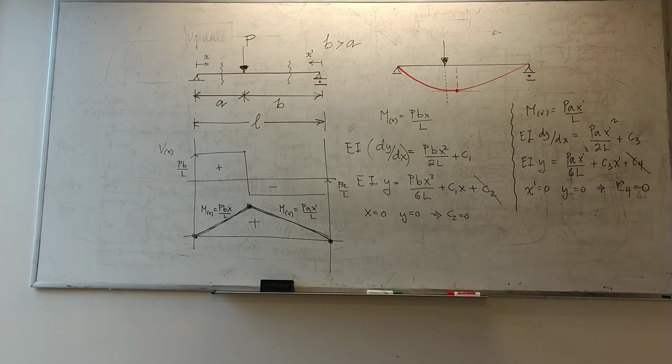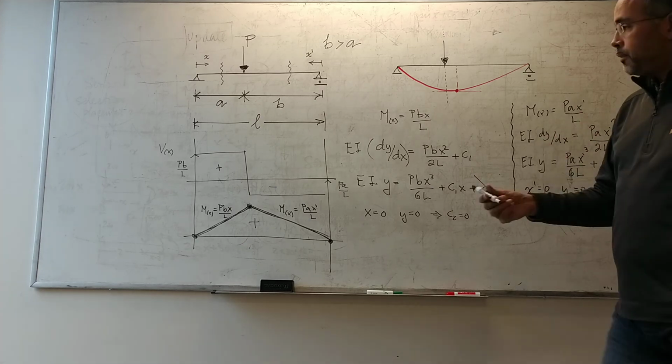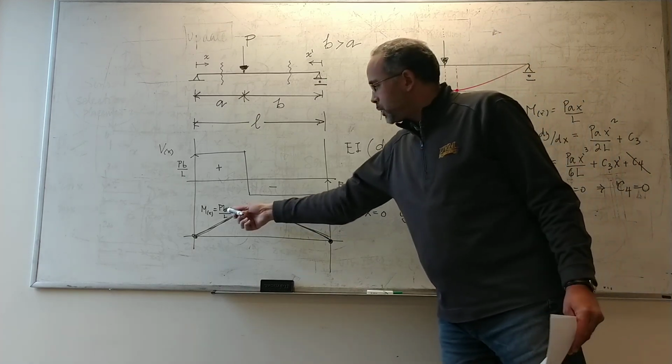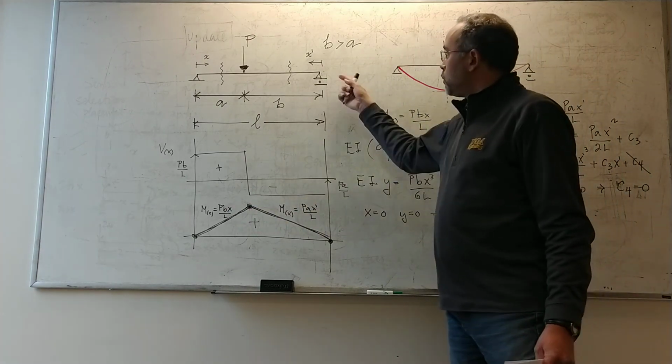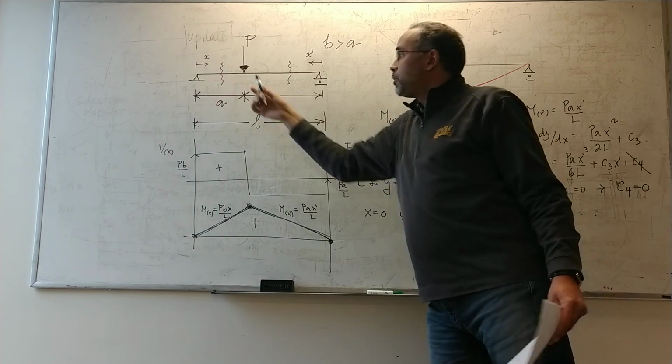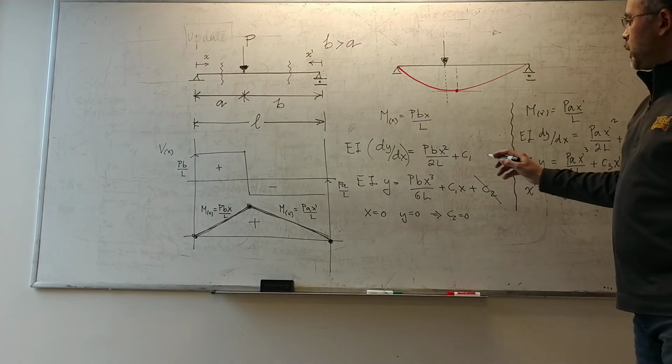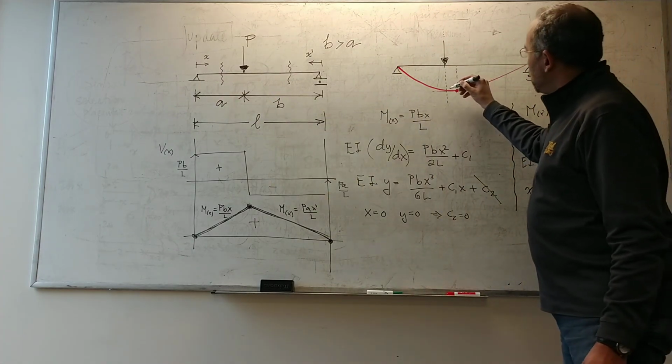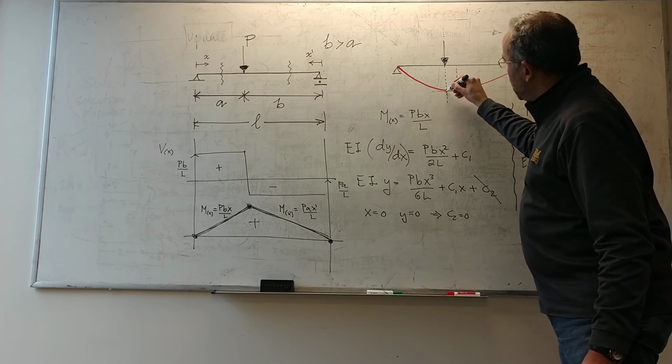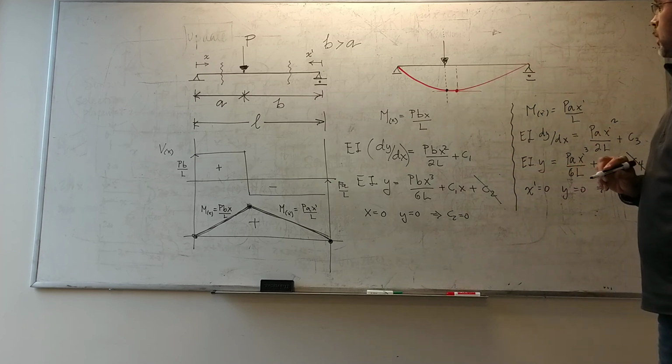And so here comes the basic step in order for us to move forward. Basically the reason why we've written the moment equations in this way, one coming from this way and one coming from that way, is that we are going to invoke compatibility at this point.